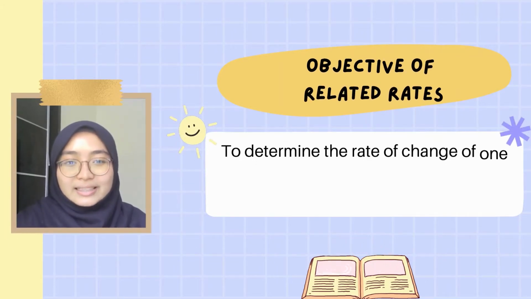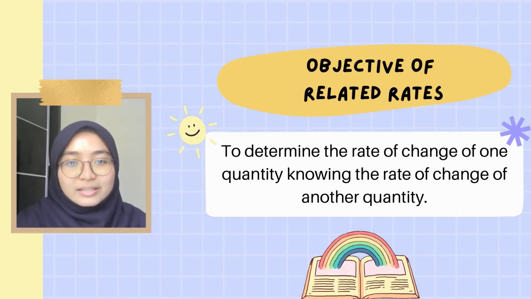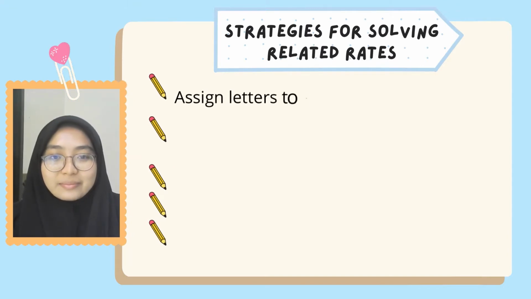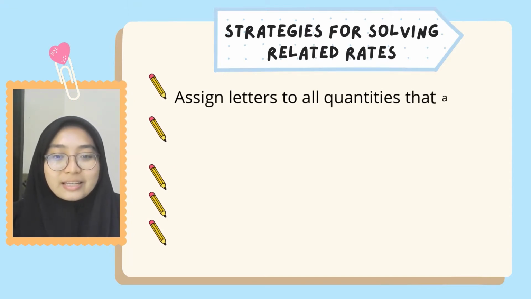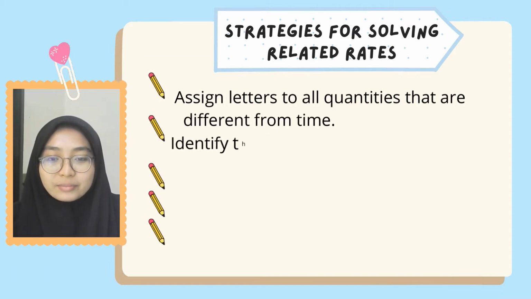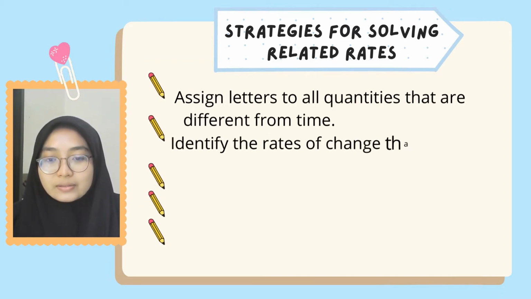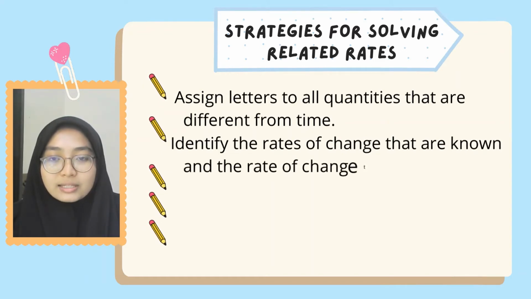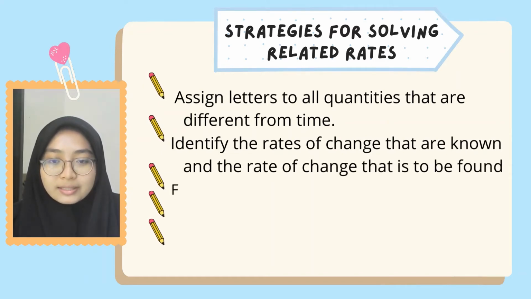The objective of related rates is to determine the rate of change of one quantity knowing the rate of change of another quantity. There are some strategies that can be used to solve related rates. The first step is to assign letters to all quantities that are different from time. As we know, we use the letter t to represent time, thus we need to use other letters to represent the other quantities.